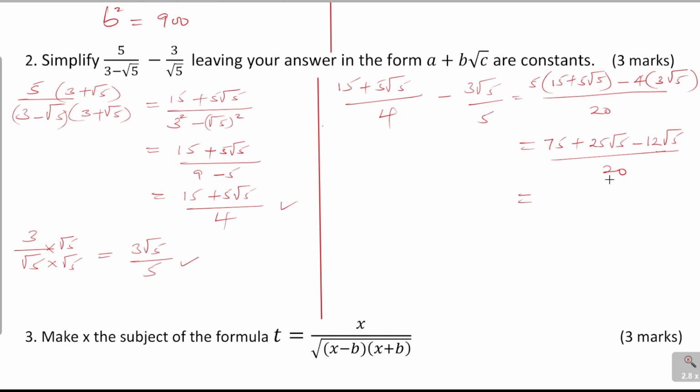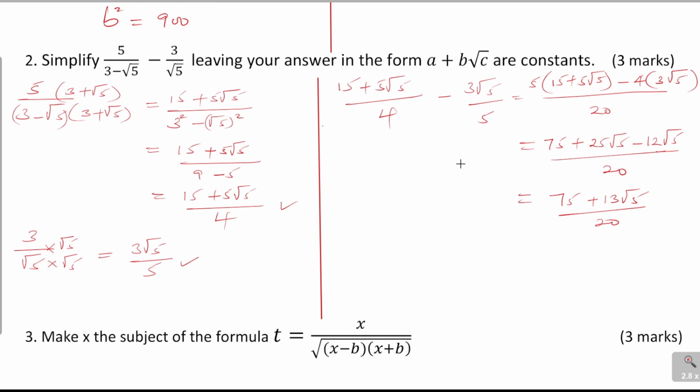Then from there, this will simplify to 75 + 25 root 5 - 12 root 5, that gives 13 root 5, everything divided by 20.